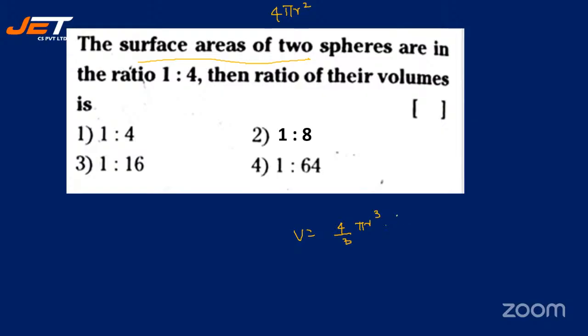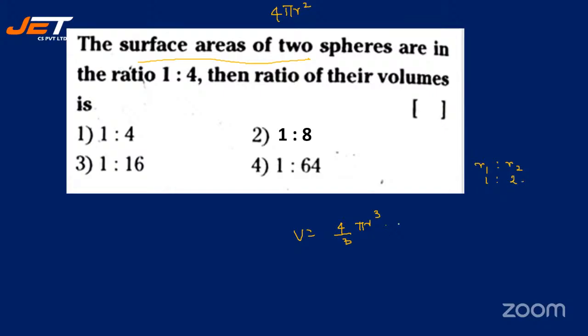All right. So there are two spheres. You can find out the surface area of the two spheres like 4 pi r1 square and 4 pi r2 square. So you will get r1 square is to r2 square as 1 is to 4. So you will have r1 is to r2 is 1 is to 2.